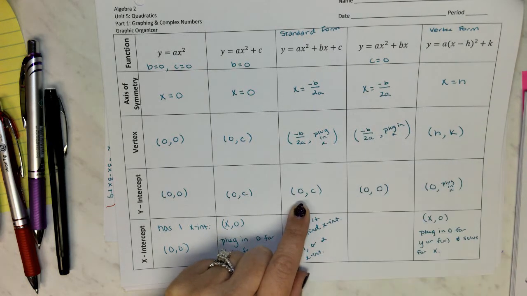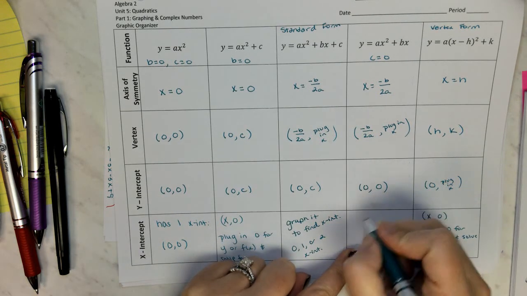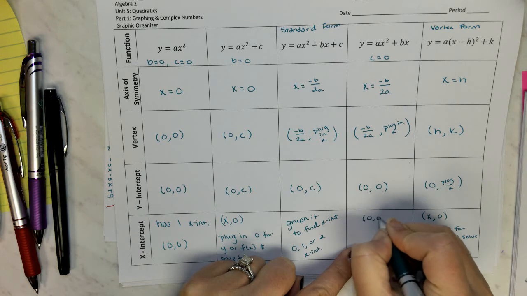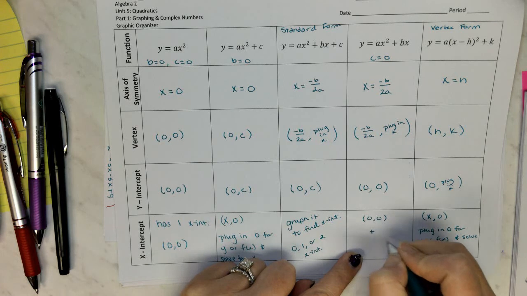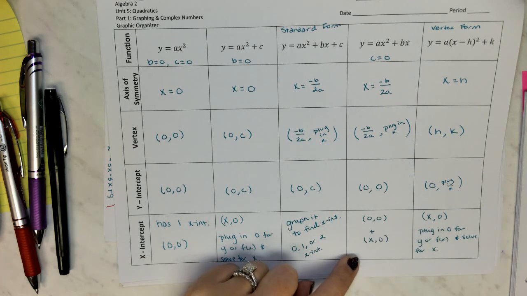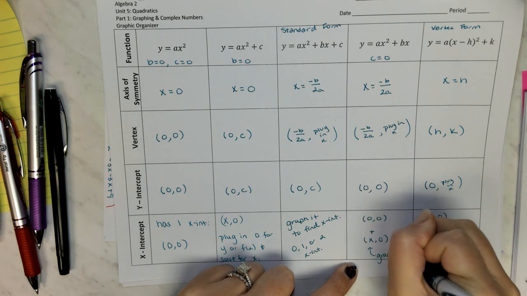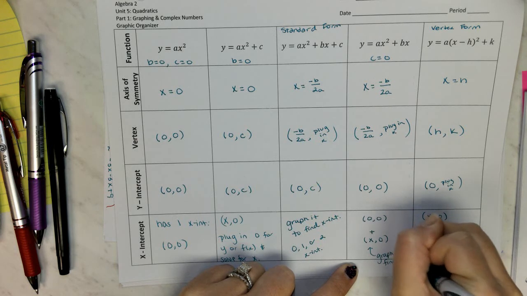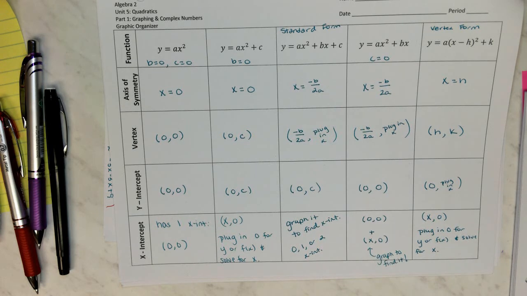It's 0. So 0, 0 will be your y-intercept. You'll also know then that 0, 0 is going to be one of your x-intercepts, plus you're going to have one more. You're going to have to graph to find it. Okay, so you can use either a table or a graph to find it. But you will have two x-intercepts if it's something like that.